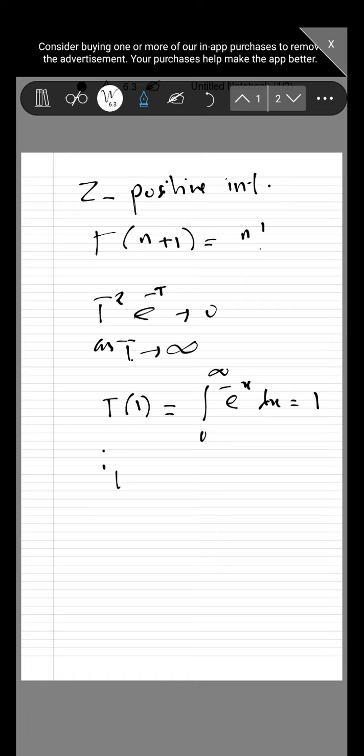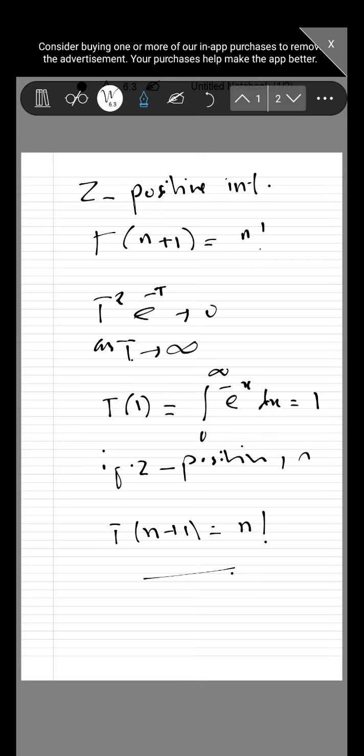Now if z is a positive integer n, so we are replacing z by n, so naturally gamma n plus 1 will be equal to n factorial. So this is the second relationship proved.